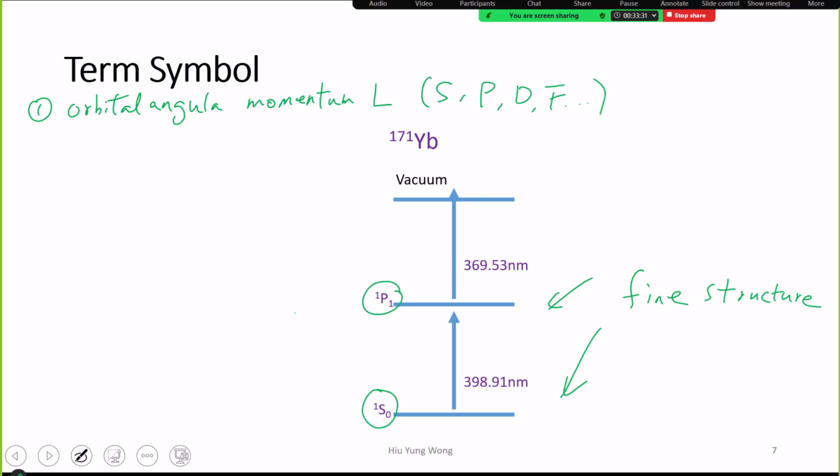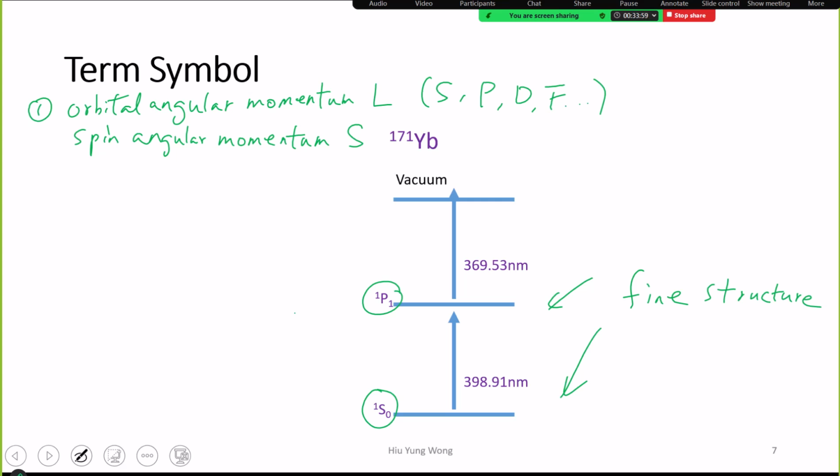Okay, you just take it for granted. It's SPDF. Second, of course, I have the spin angular momentum, right? Or spin quantum number. Let me just call it spin angular momentum. This is not exactly the momentum. This is just the quantum number, but just call it momentum, S. So what are the possible values?